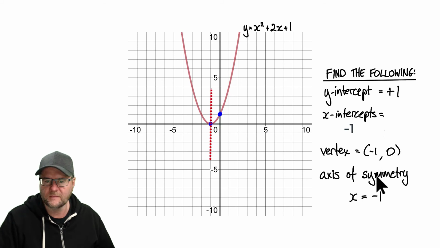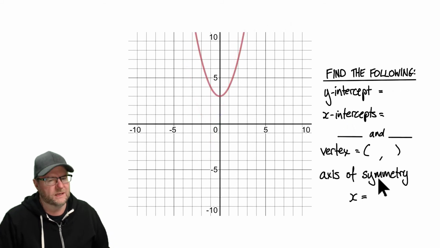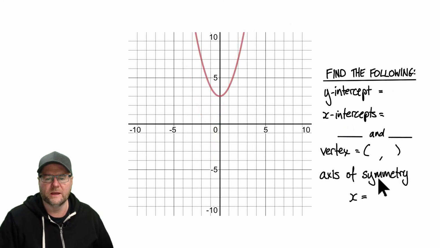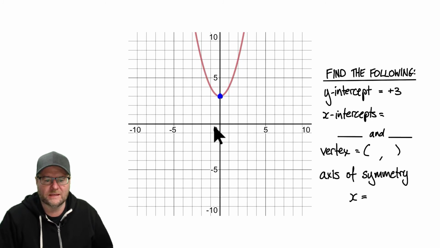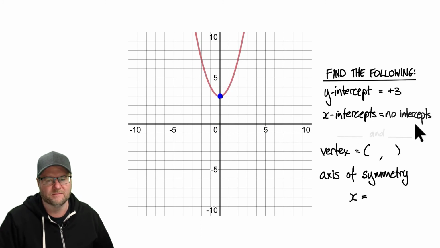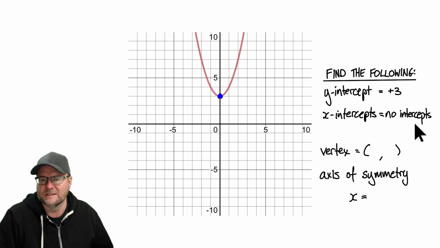Last one, and once again, something different. Let's go through. Y-intercept, yeah, straightforward, no worries. It cuts through the y-axis at +3. The x-intercept, though, it doesn't. It just doesn't cut through the x-axis at all. It doesn't touch it, doesn't cut through it, it's nowhere near it. So we say there are no x-intercepts. It doesn't cut through. The vertex, well, it's got a vertex.